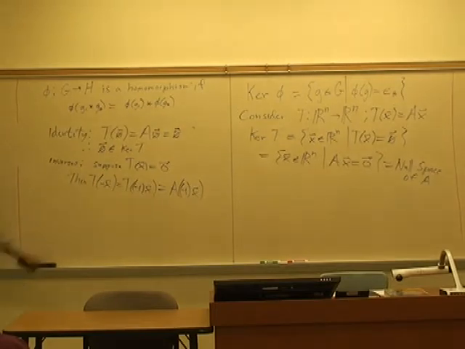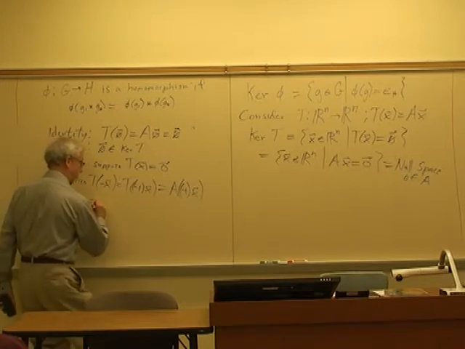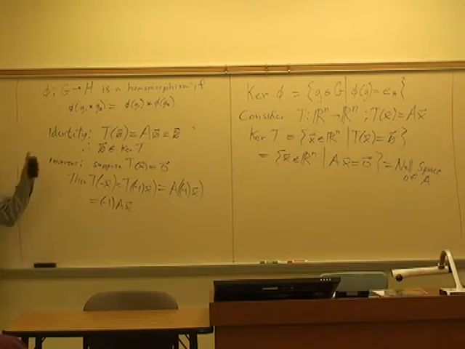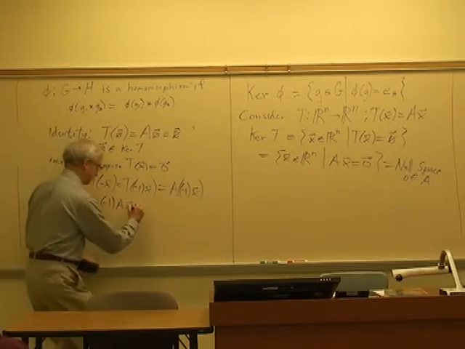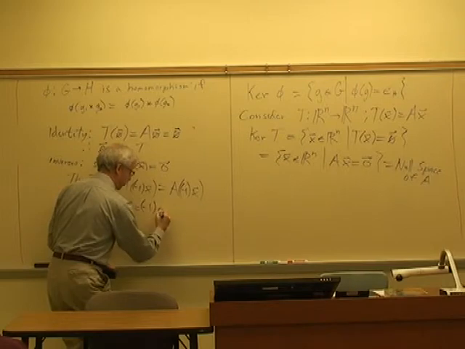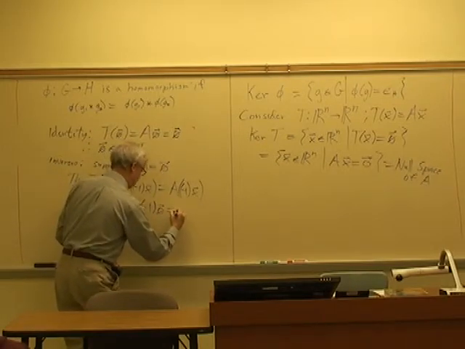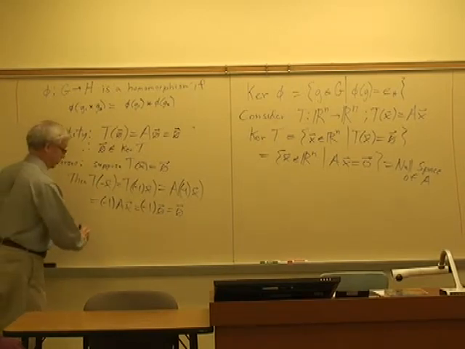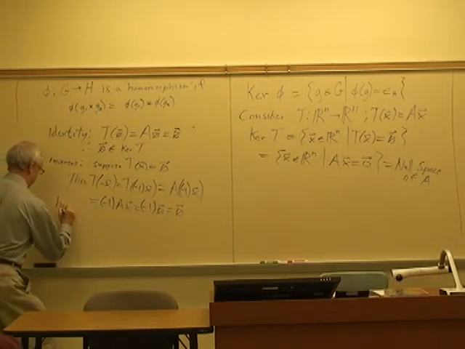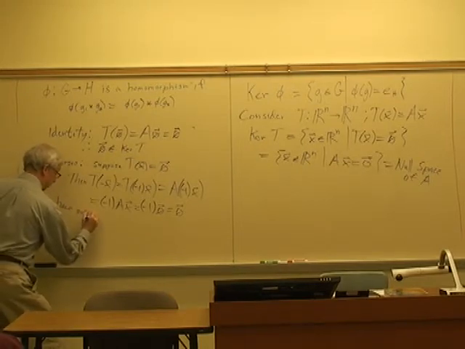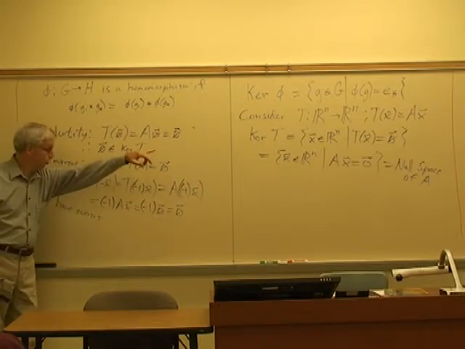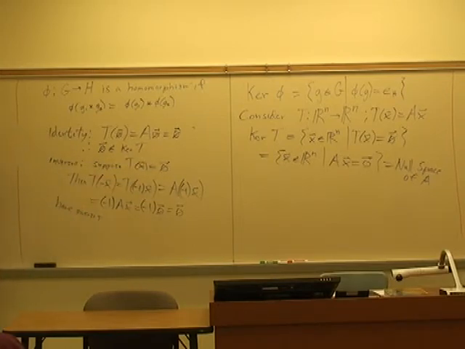Minus 1 is a constant. What can I do with constants in matrix multiplication? Pull it out, right? So that's the same as minus 1 times Ax. But what's Ax? It's the zero vector, right? Therefore, I have inverses. Or, in other words, if x is in the null space of the matrix, so is minus x.